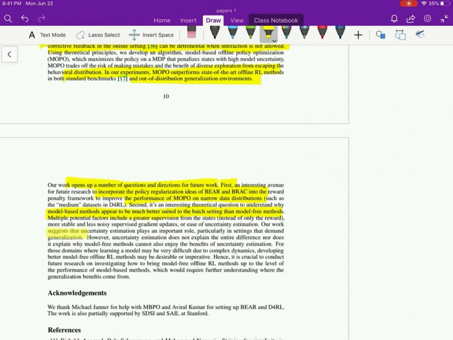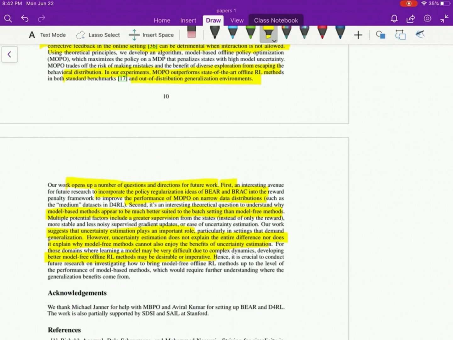Such as uncertainty. However, uncertainty estimation does not explain the entire picture. So better model-free offline methods may be desirable. We are hopeful that we'll get some model-free offline RL algorithms for solving these offline RL problems.